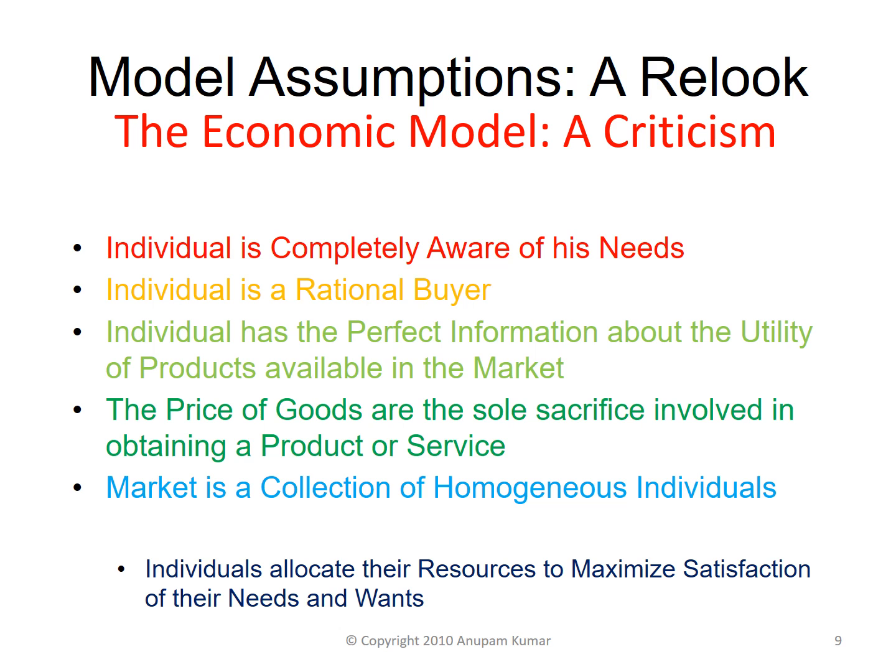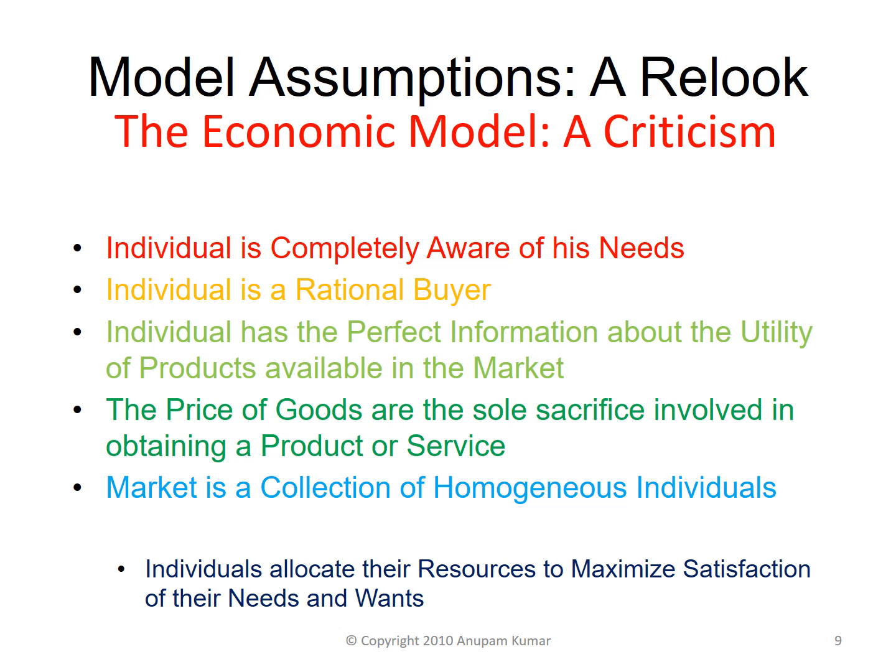Again, the individual has perfect information about utility of products available in the market. Is it actually so? Had it been so, there would have been not much use of all the informative advertisements which happen across. The price of the goods is the sole sacrifice. Again, in the last example, we saw that a loss of reputation was also a resource.